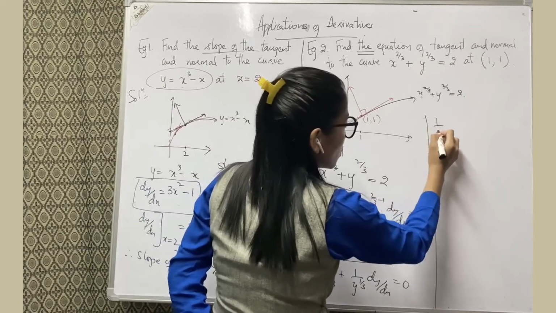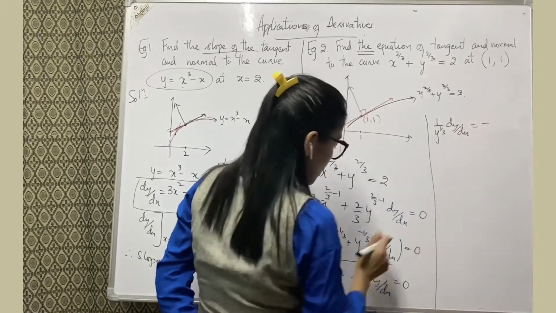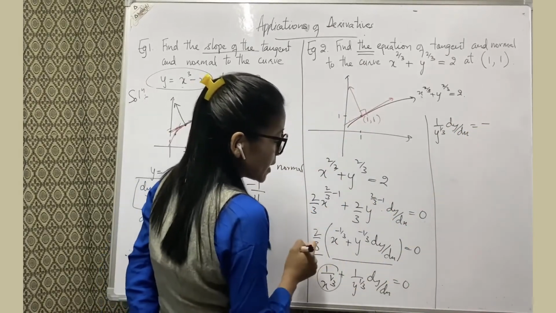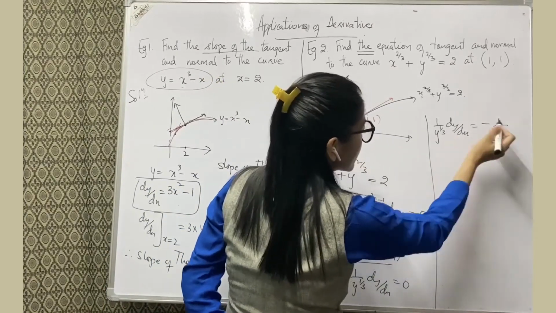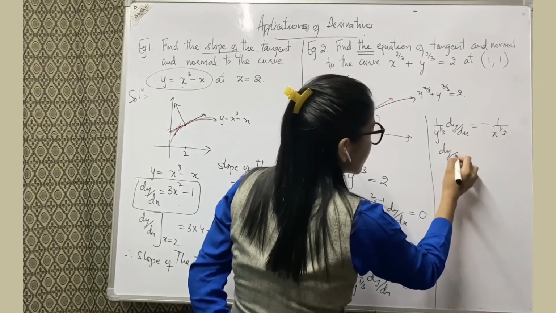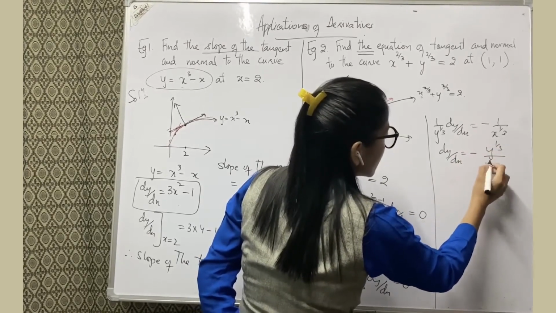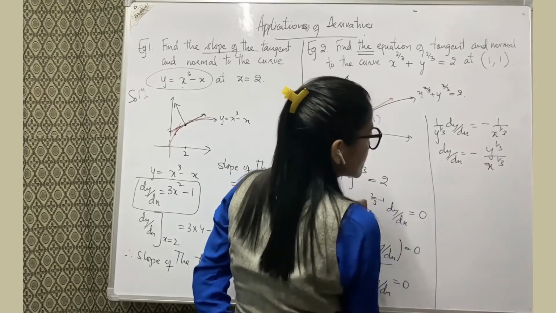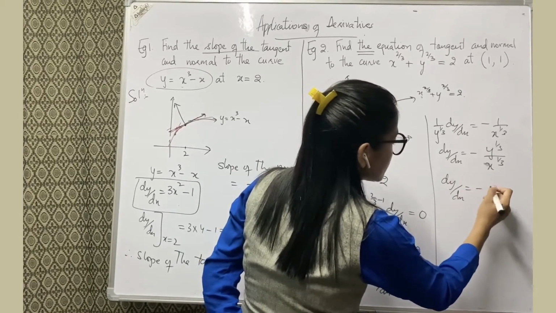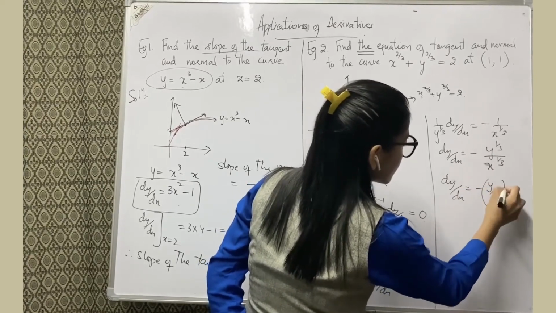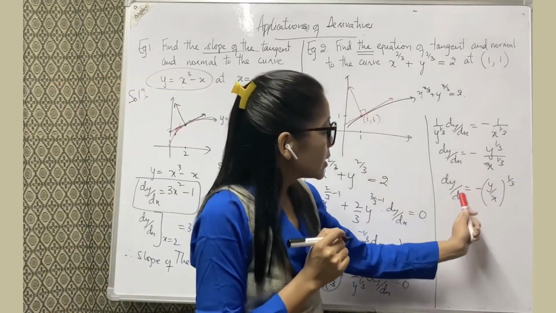So therefore I have 1 upon y raised to 1 by 3 dy by dx is equal to negative, when I transpose this to the right hand side, 1 upon x raised to 1 by 3. So we have dy by dx is equal to negative y raised to 1 by 3 upon x raised to 1 by 3. I can write dy by dx is equal to negative y upon x raised to 1 by 3. Is that clear? So this is the derivative we got.